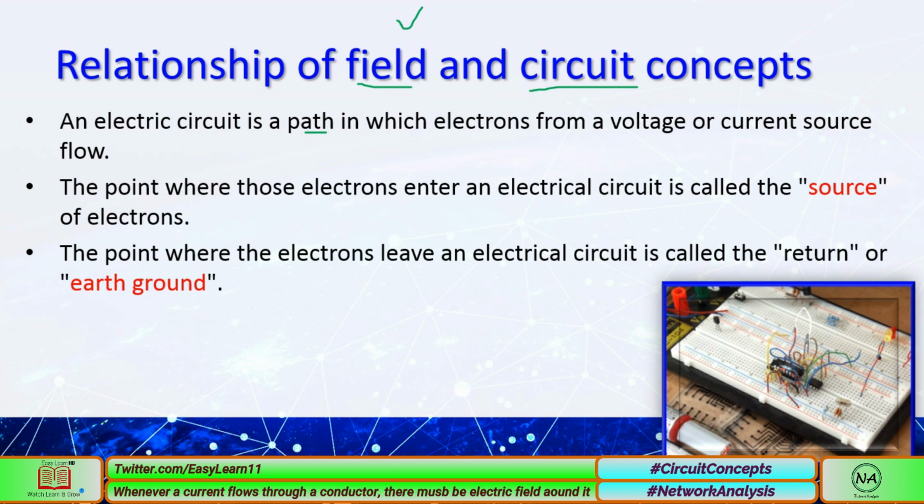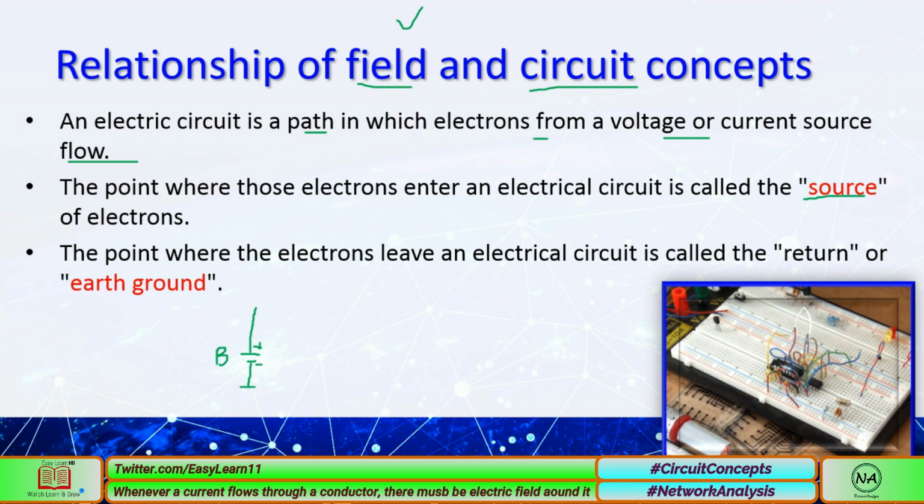Remember, this will always become a circuit in which electrons flow from a voltage or a current source. The point where those electrons enter an electric circuit is called the source. Like say we have here a source, a battery, positive or negative.